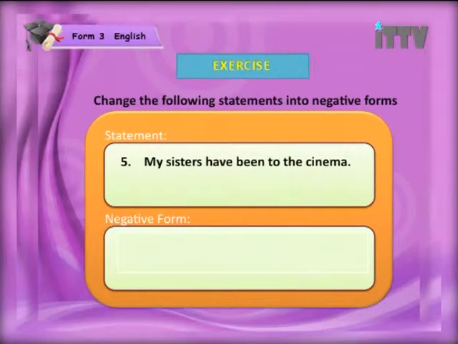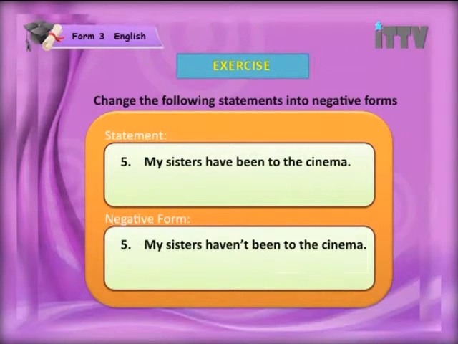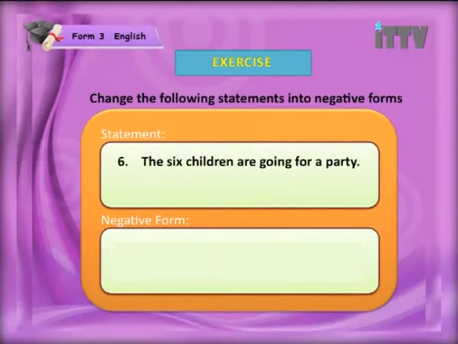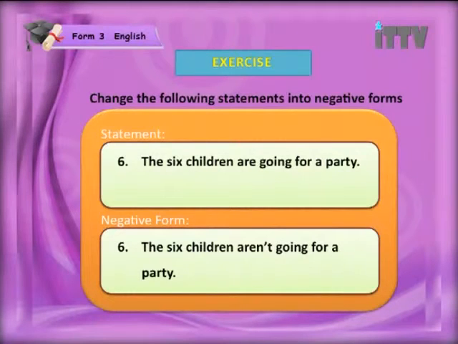Next, number 5, my sisters have been to the cinema. My sisters haven't been to the cinema. Number 6, the 6 children are going for a party. The 6 children aren't going for a party.